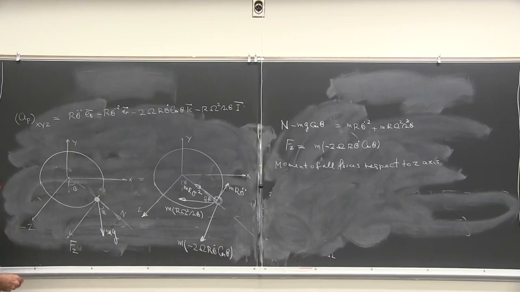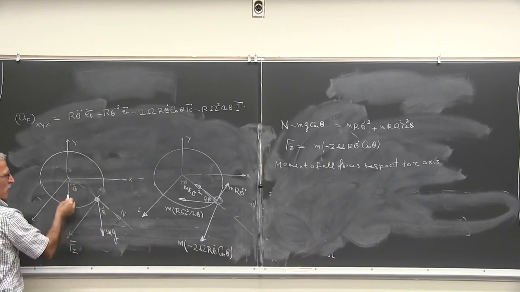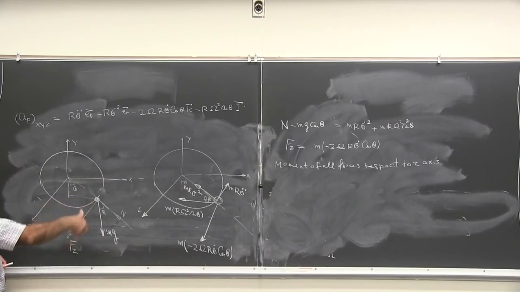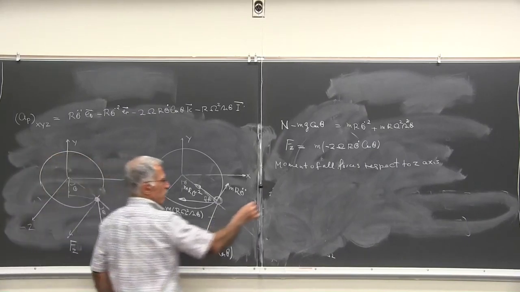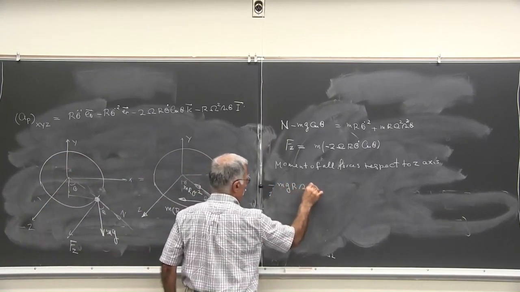So if you do that, this mg times this distance produces mg times r sine theta, and that's in the negative k direction. That's mg, minus mg r sine theta, negative k.